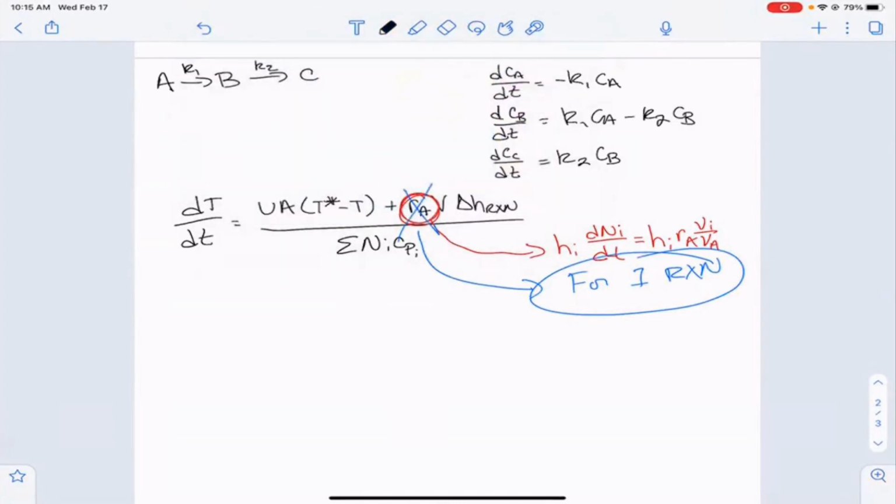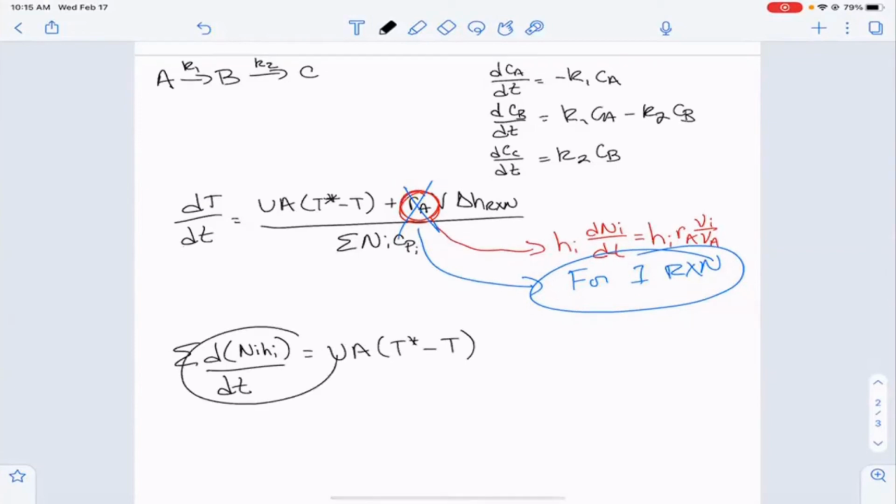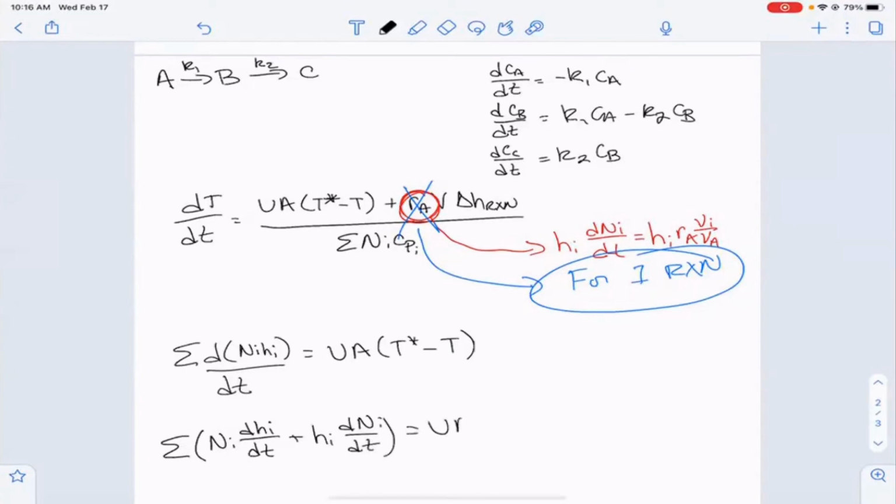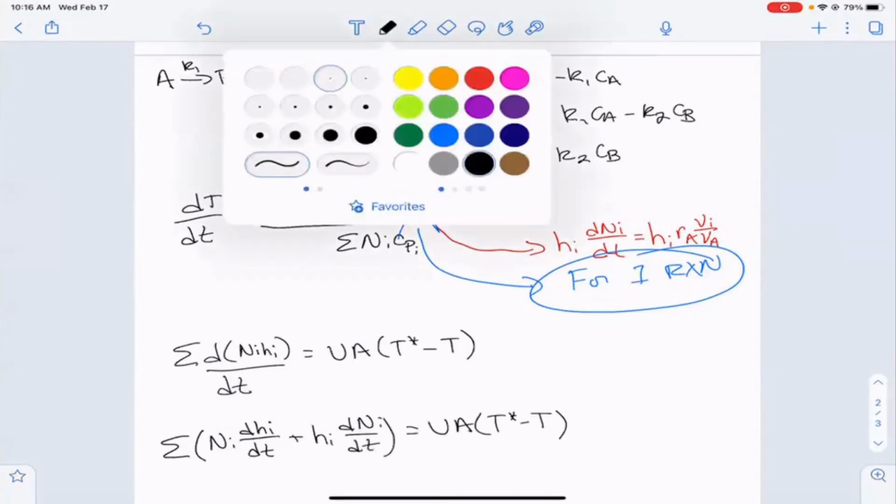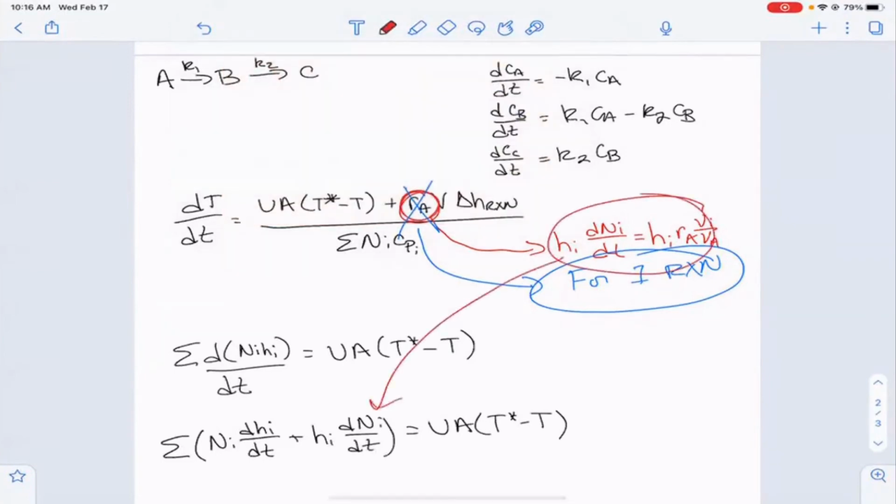If you go back to your notes from lecture 14, our initial result for the energy balance was that the sum of d(Ni Hi)/dt equaled UA times T star minus T. Then we used the product rule and got the sum of Ni dHi/dt plus Hi dNi/dt equals UA times T star minus T. And then we did a couple things, but one was we put this in here.